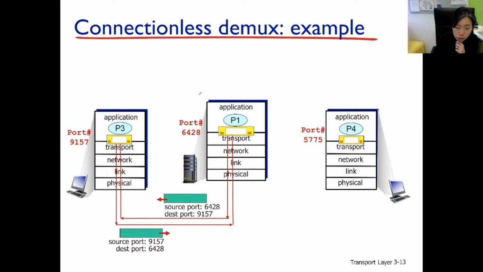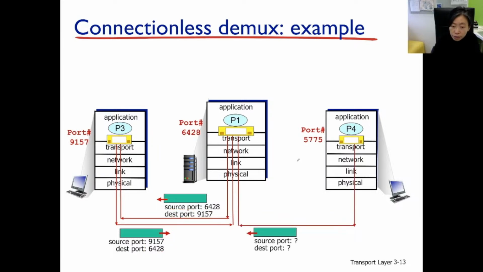And the return messages, so replies from the server, will then carry the source port number being the server's port number and the destination port number being the original request sender's port number, 9157, the client's port number. So you see also how P1 can generate the reply. The port numbers are essentially the reverse of the requests.